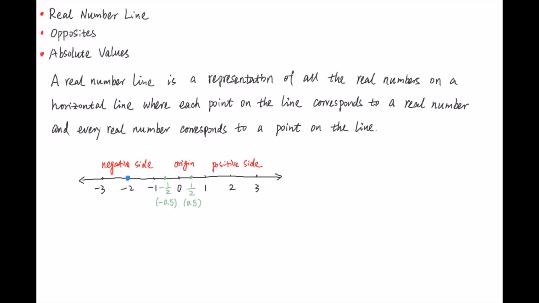And the number -2 is called the coordinate of this point. On a horizontal real number line, the numbers increase from left to right. So -3 is smaller than -2, smaller than -1, smaller than 0, smaller than 1, 2, 3.